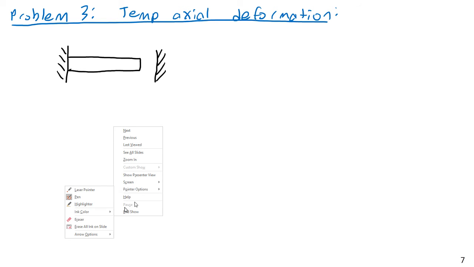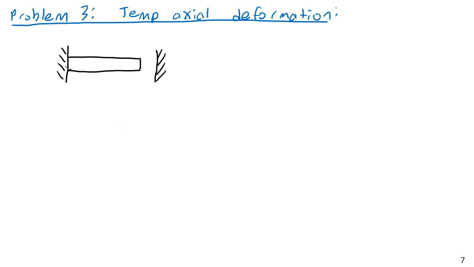It has an initial length of 30 inches, the undeformed length. And we have a very small initial gap, but it's greatly exaggerated here. The initial gap is 0.002 inches.